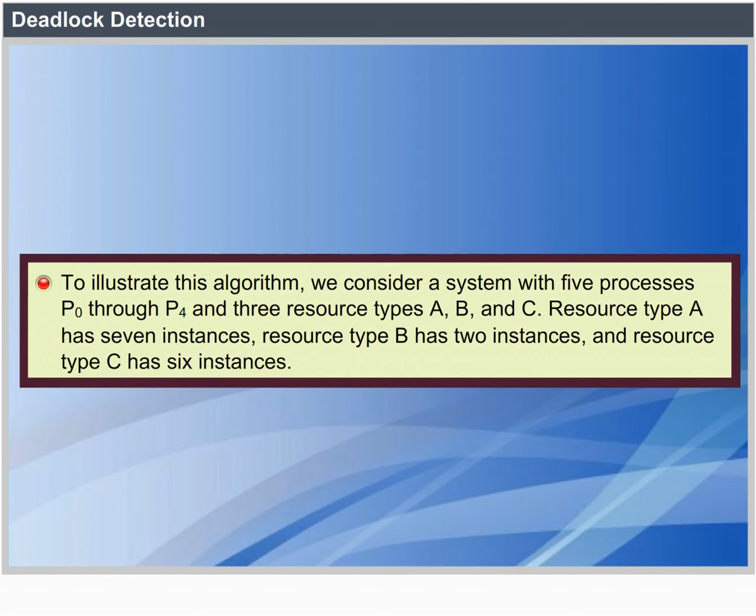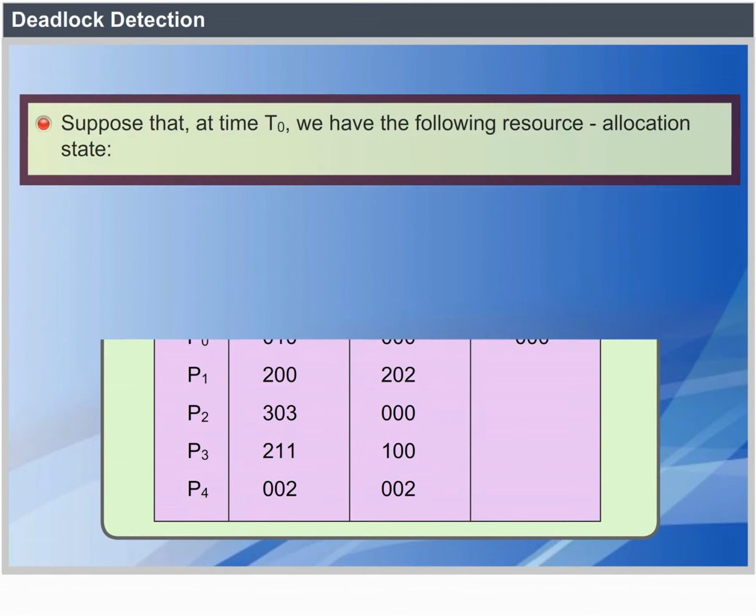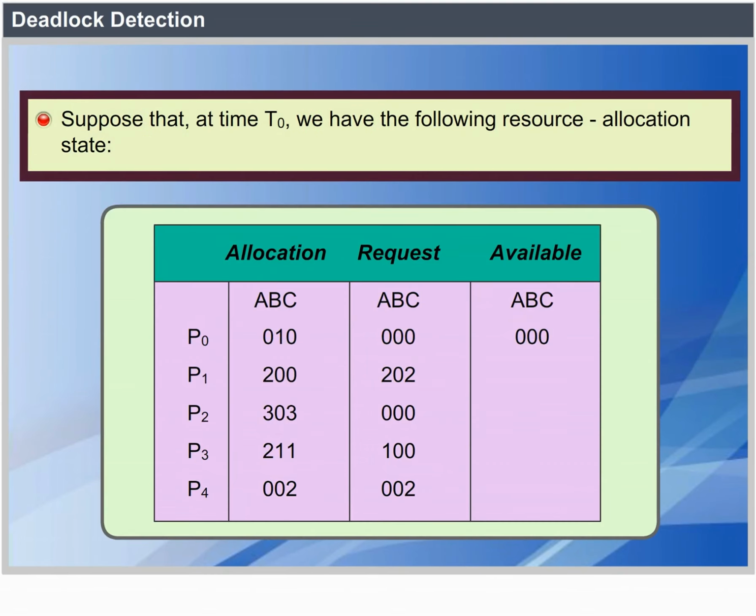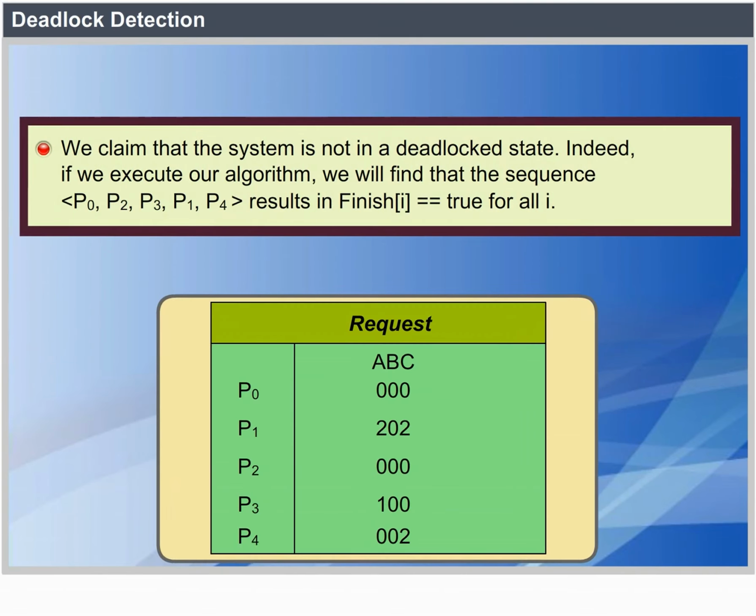Suppose that at time T0 we have the following resource allocation state: Allocation, Request, Available as follows. We claim that the system is not in a deadlocked state. Indeed, if we execute our algorithm, we will find that the sequence P0, P2, P3, P1, and P4 results in Finish[i] equals true for all i.